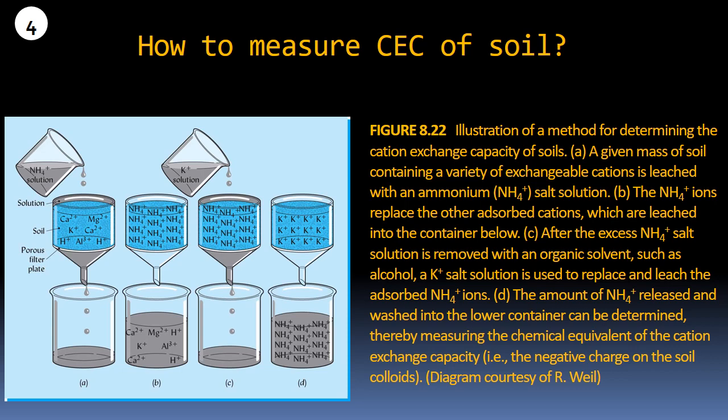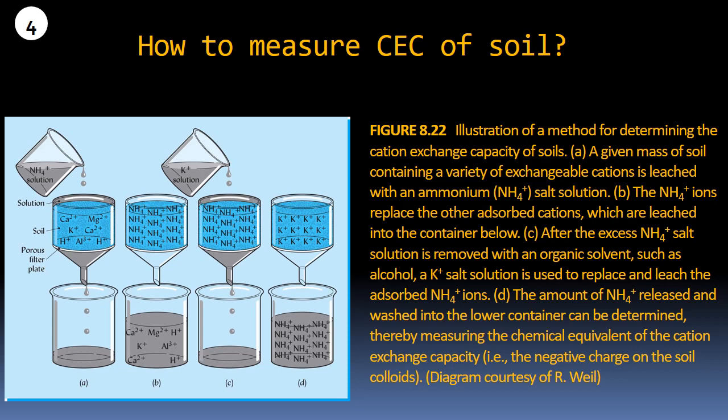How can we remove them? We use the concept of exchange of ions. Remember, if we have something that is more concentrated, then we can kick out all the nutrients from this adsorbed soil, even if they have larger charges or more strength to be held.